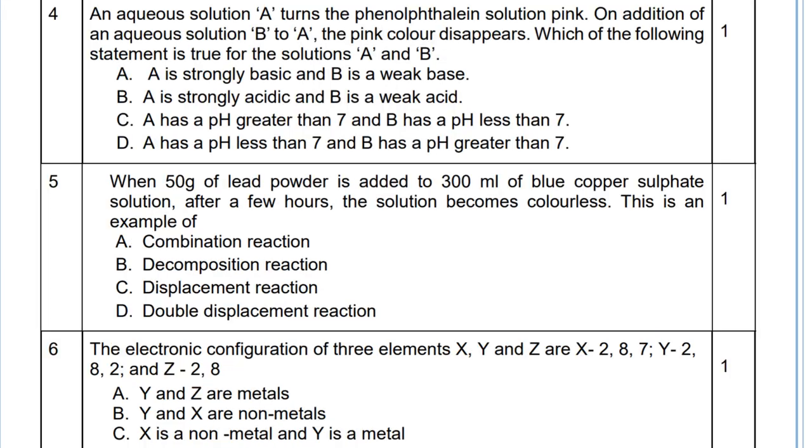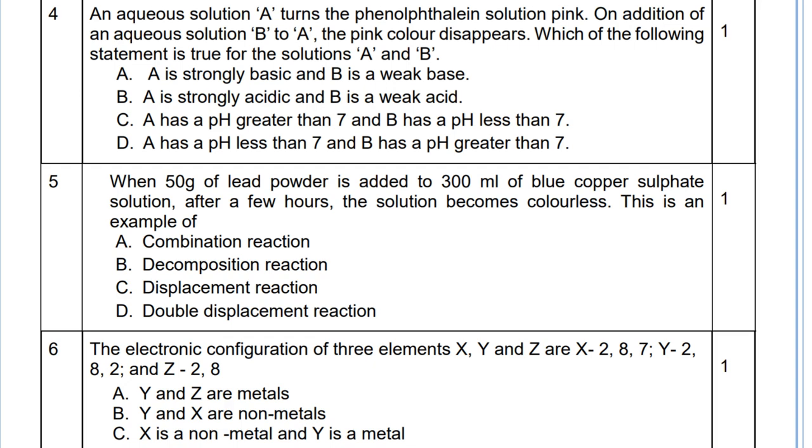Question 4. An aqueous solution A turns the phenolphthalein solution pink. On addition of an aqueous solution B to A, the pink color disappears. Which one of the following statements is true for the solutions A and B? A. A is strongly basic and B is a weak base.